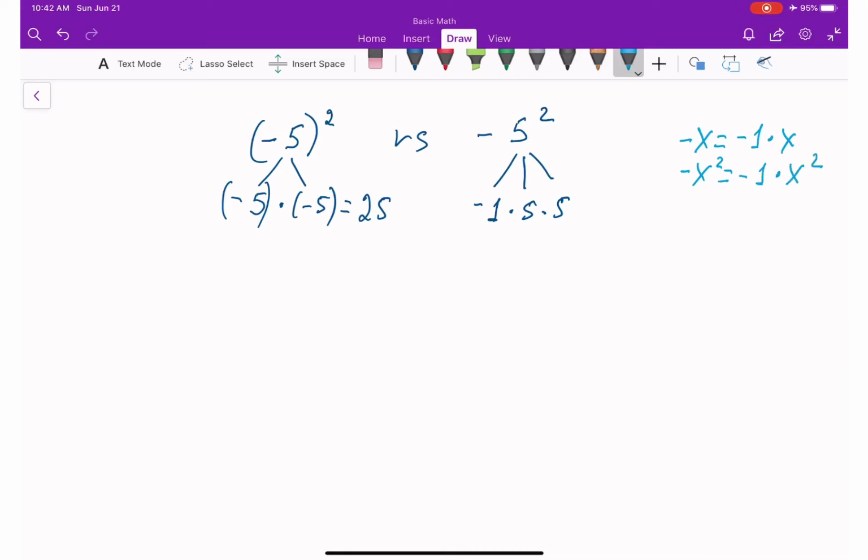So we always understand there's a negative 1 times, so it's going to be the same thing. So back to our problem. Negative 1 times 5 times 5 is going to be negative 25. Look at the difference, 25 and negative 25.